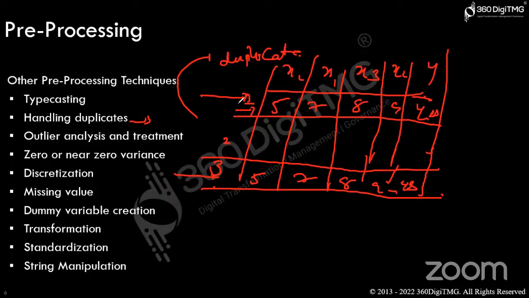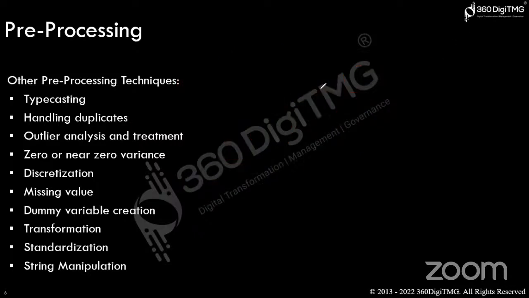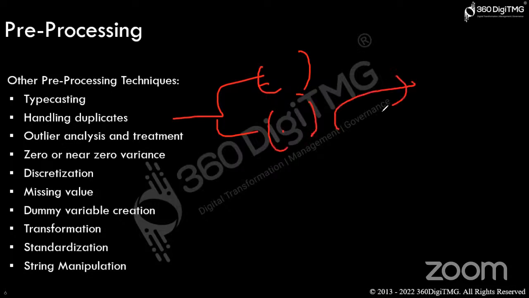There is no use in taking the same information again and again, so you don't need duplicates. For duplication we don't have any imputation; simply remove it. Whenever you have found duplicates in your data frame, simply remove them. That is the only way of handling duplicates.